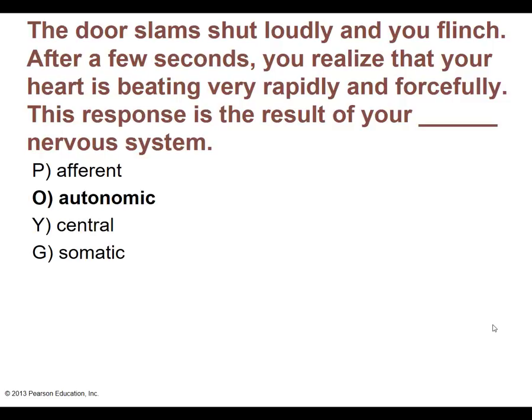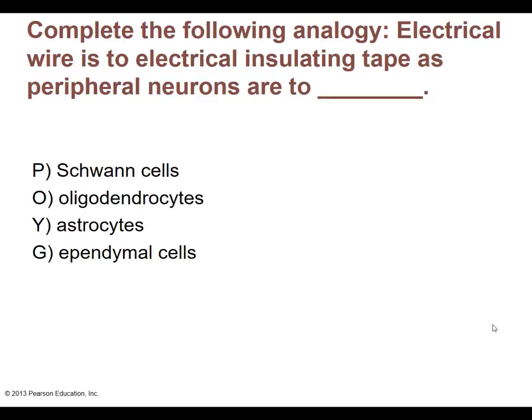Complete the following analogy. Electrical wire is to electrical insulating tape as peripheral neurons are to what? Thinking of electrical insulating tape on electrical wires, this is on a peripheral neuron.